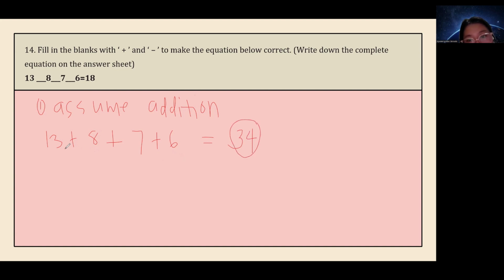So 34 is the result when we are just adding them all up. Now we need to get the difference between this result and the true result, which is 18. So 34 minus 18 would be 16.